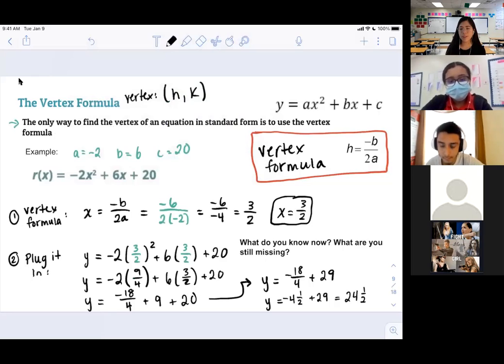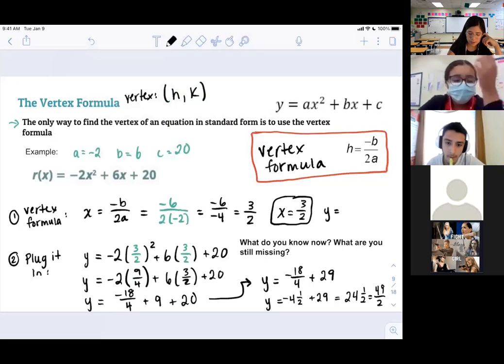Nope, not 24 over 2. Does anyone remember? Multiply 2 times 24 and then add 1. What's 2 times 24? 48, plus 1? 49. 49 over 2. So the Y, I'm done, miss.